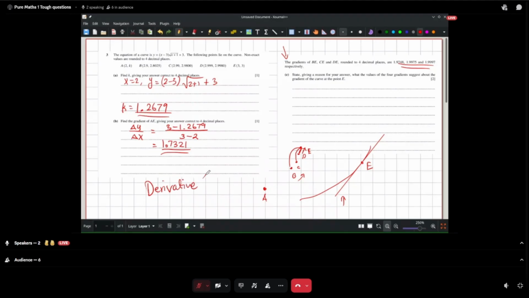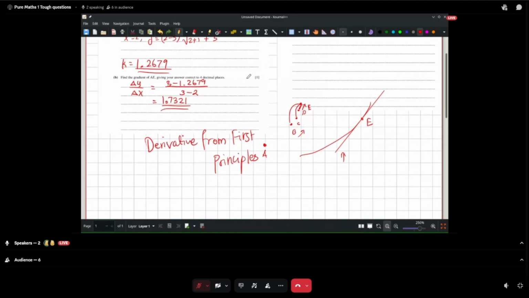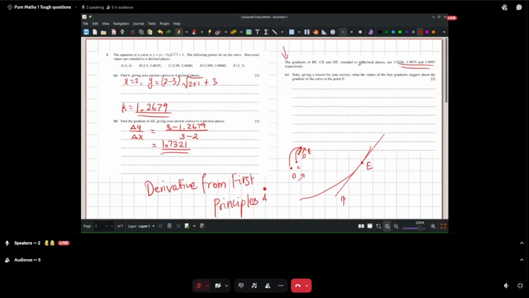That's the concept of the derivative, which is called derivative from first principles. Or for more information, you can check resources about the limit definition of the derivative. Anyways, what this tells you is you can see clearly that this is getting closer and closer to 2.